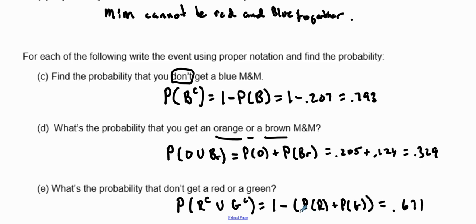So essentially, those are the probabilities that we would have for doing those two. The one that I just wrote down right here, 1 minus the probability of R plus 1 minus the probability of G, that would not be correct. And if you check this one out, I made an error.